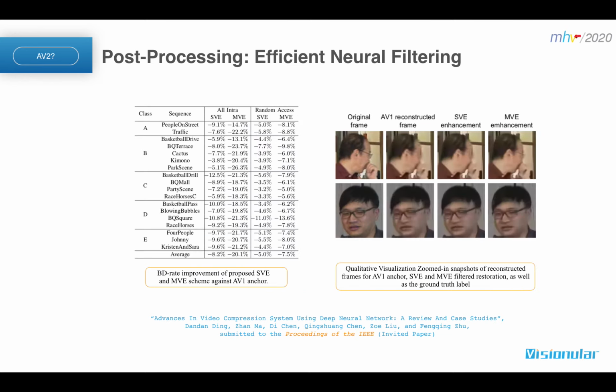After the enhancement, better visual quality can be achieved. Also, objective quality wise, on our test set, somewhere between 8 and 20% increment in PSNR can be achieved.